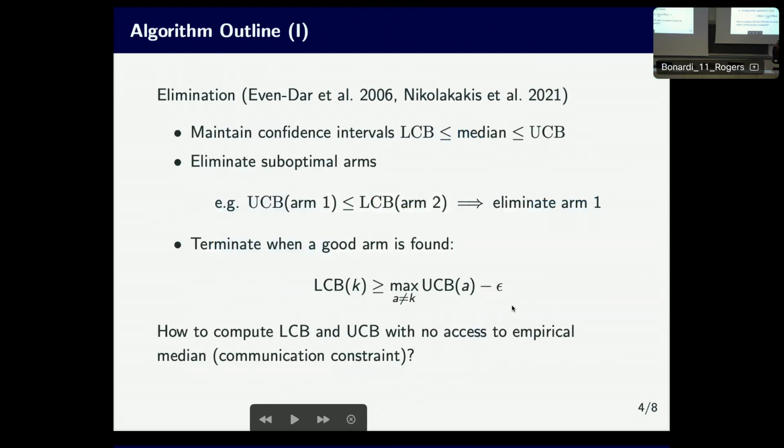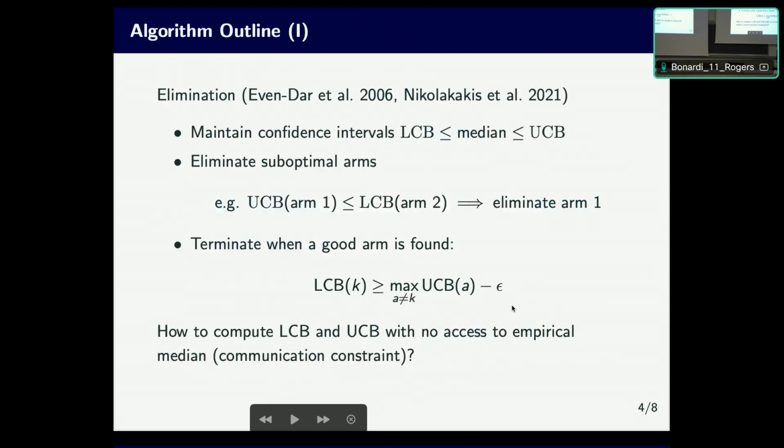So we have an algorithm that is based on active elimination, for those who know. The idea is pretty simple. Let's say you want to learn the medians of all the arms. You just build confidence intervals for each arm. So let's say the median is bounded between the so-called LCB, the lower confidence bound, and the upper confidence bound, UCB.